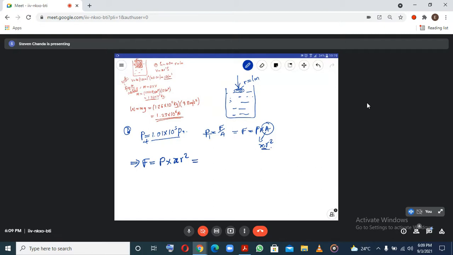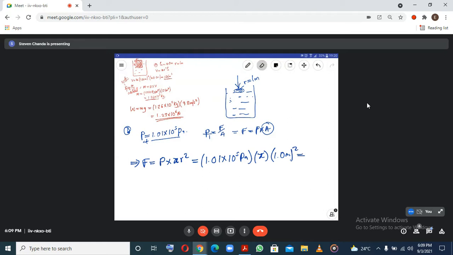So simply plugging in the values: atmospheric pressure, then pi, which you just type from a scientific calculator to get the full value, and 1 meter squared, which is the radius.